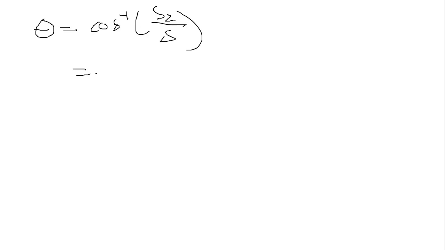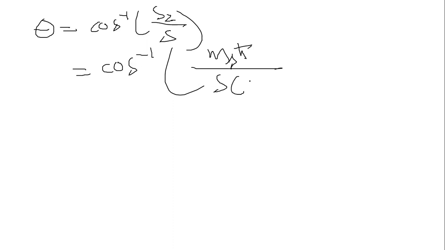So theta will be cos inverse S_z by S. We know that S_z is nothing but m_s h cross, and S is root of s into s plus 1 h cross. So h cross gets cancelled out, and since m_s has two different values, that is plus minus half, in this case we will get two different theta.